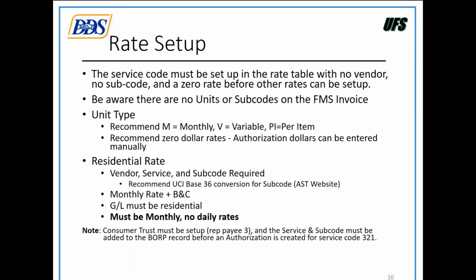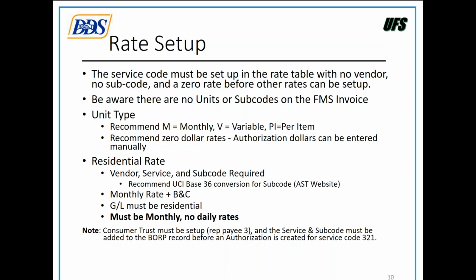So we're going to talk about what you need to do in UFS in order to use SDP. As with any other new service code, you're going to need to set up the rate. And as with regular service codes, you have to set up that $0 rate with no vendor and no subcode before you can set up anything else.